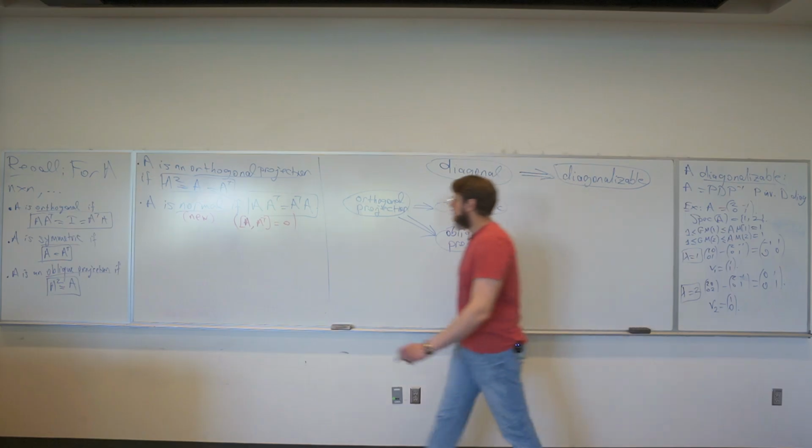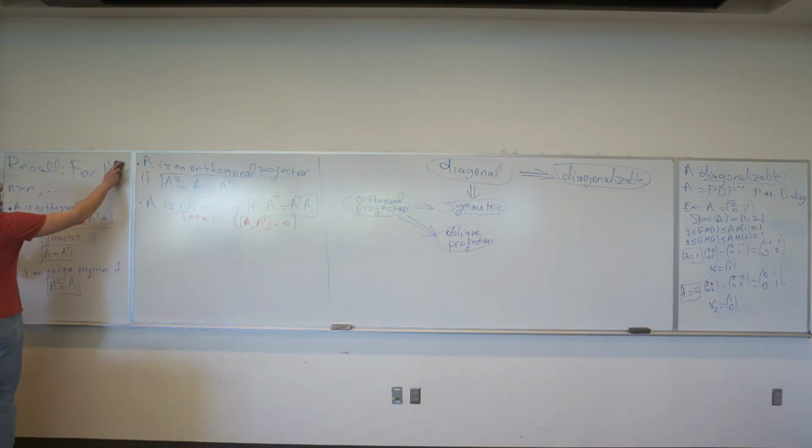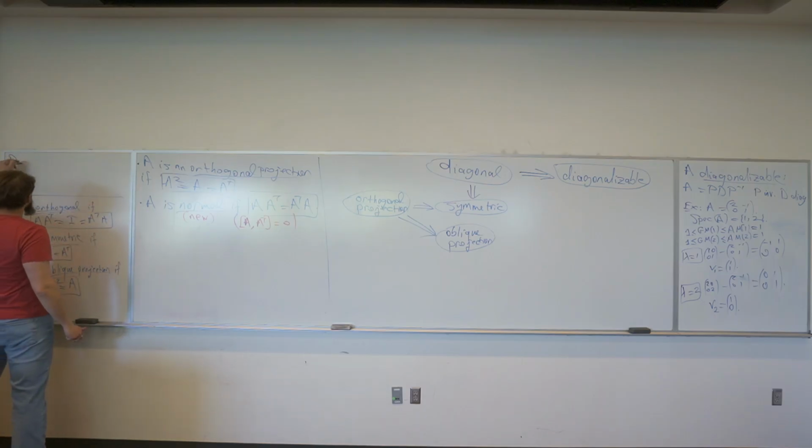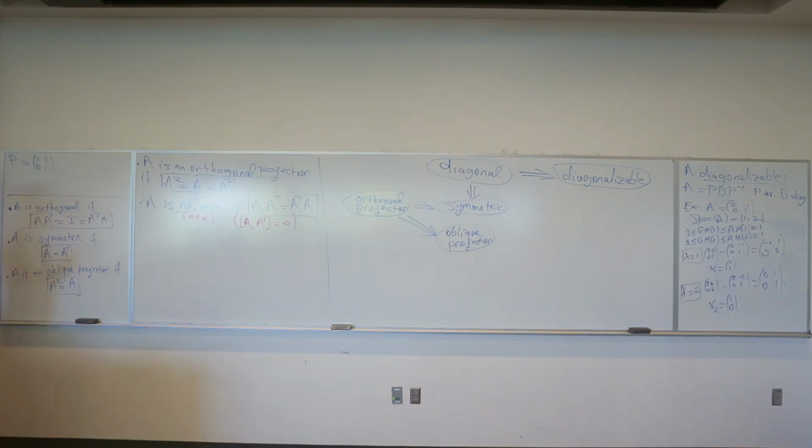If I were to look at the matrix with columns this and this, I want to leave this here, and I want to leave this here as well. Let me just erase this little piece. So define P to be 1, 0, 1, 1. This is not an orthogonal matrix. If I were to dot this against this, the inner product is not 0. But it is an invertible matrix. 1's on the diagonal, upper triangular, determinant is 1.